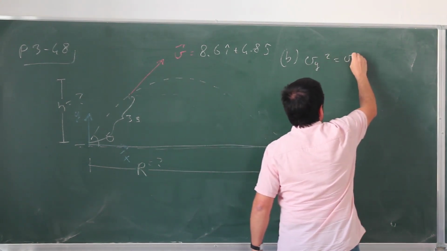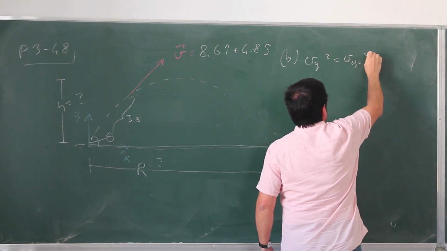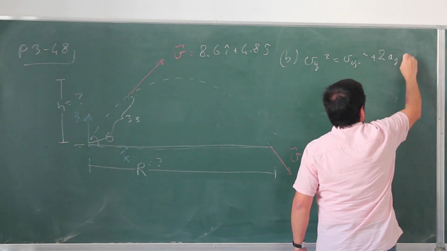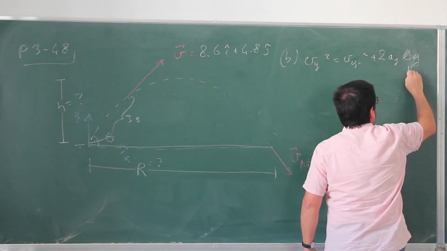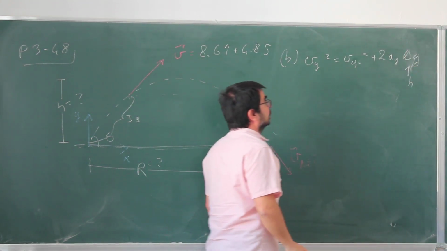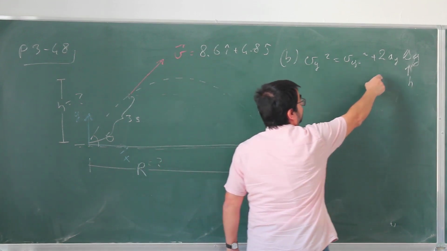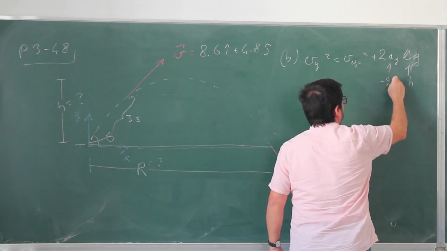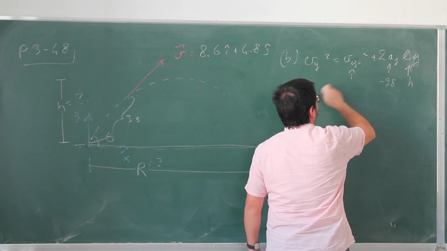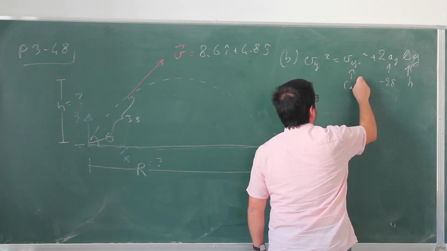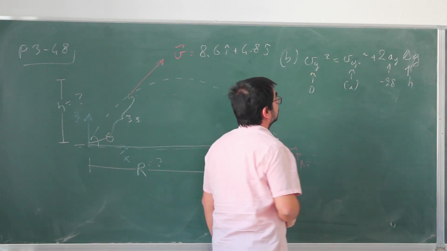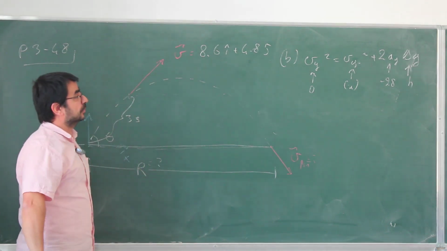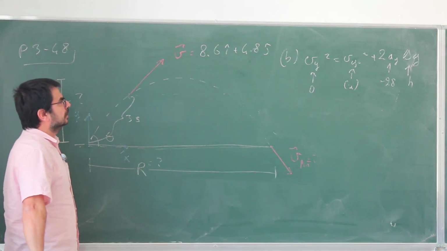Vy squared equals Vy0 squared plus 2 ay delta y. This, of course, is going to be h at maximum height. This is minus 9.8. And this one is, well, something we calculated from part A, and this is just 0. So you can actually solve for h in one step. You don't have to calculate time and so on and so forth.